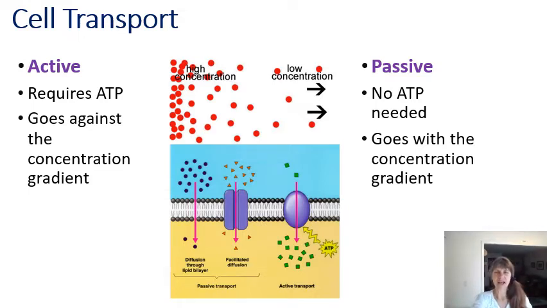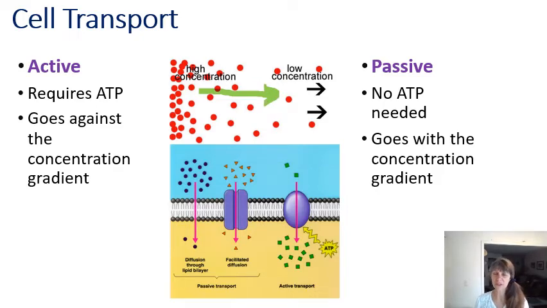If we look at this picture in the center, you'll notice that there is a high concentration of red molecules on the left and a low concentration of red molecules on the right. And via Brownian motion, with no additional cellular energy in the form of adenosine triphosphate, or ATP, required, these molecules are going to have a tendency to move from an area of high concentration to low concentration.